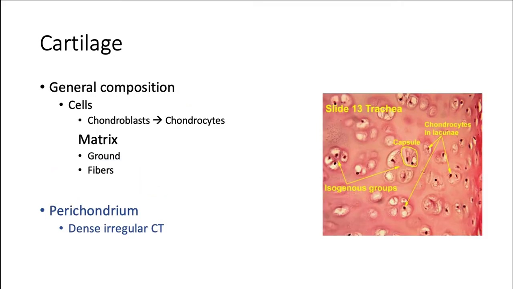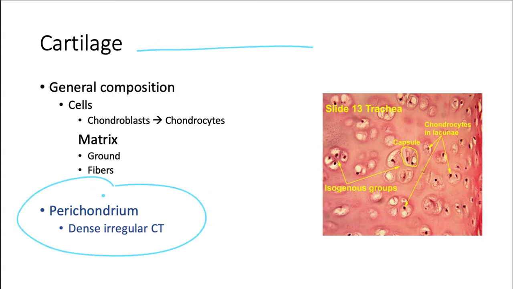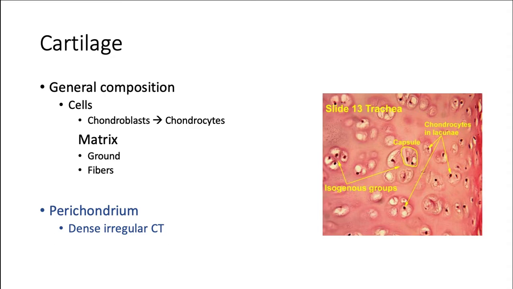I changed this slide so you have a slightly different arrangement of all of these words, because I realized there was some confusion when I titled it general composition, but this is not technically part of cartilage. So I wanted to make it clear that cartilage is made of the things underneath general composition.